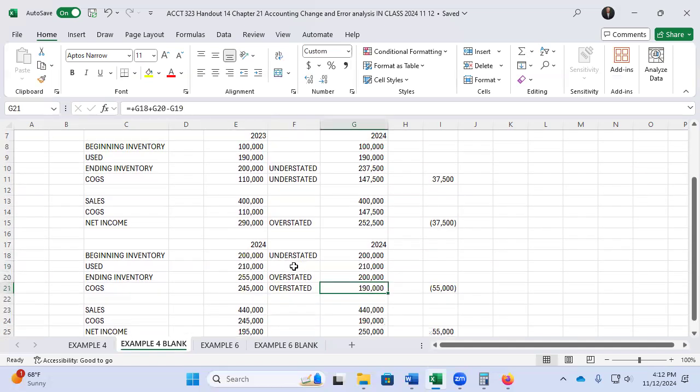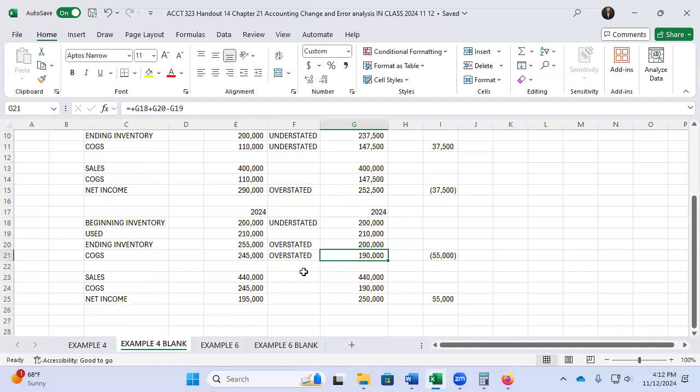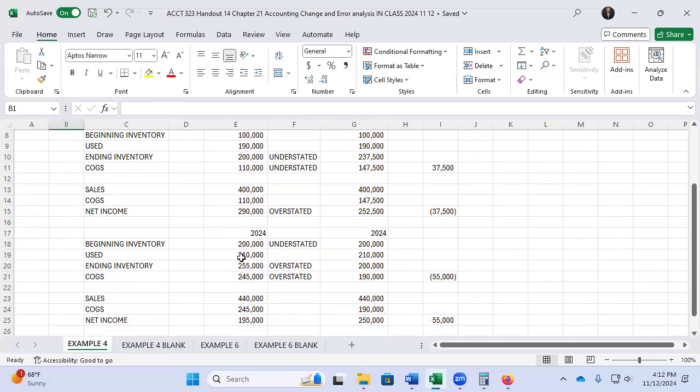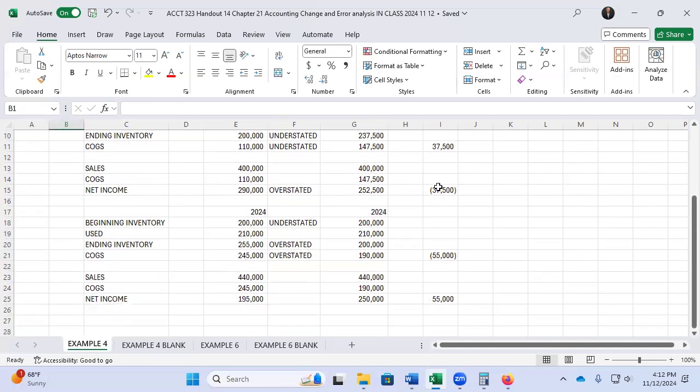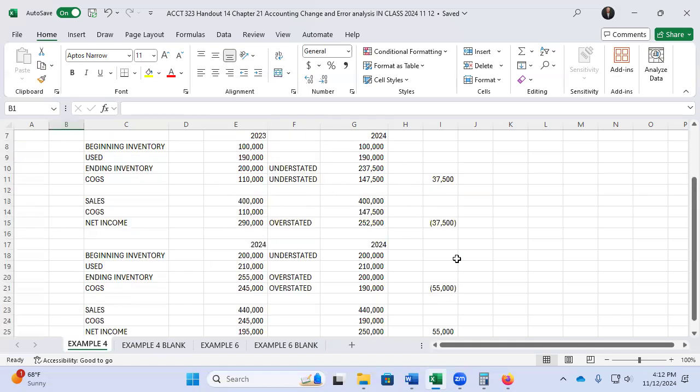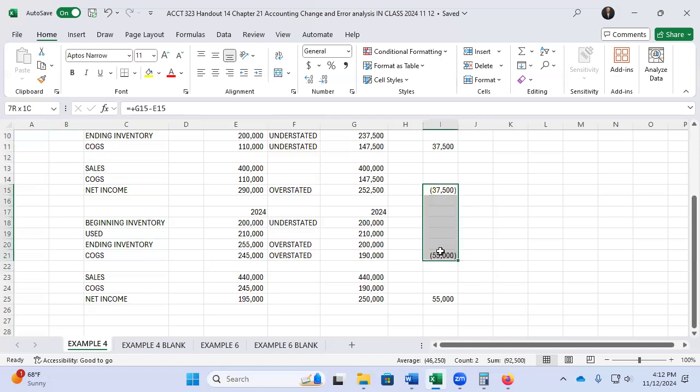Okay. So when I did it, I was struggling. Okay, how am I going to get my net income to correct? Here, the way that I was able to look at it and say, okay, here's what we've got. Here's the difference. And so that's how I was able to come up with the 92,500.